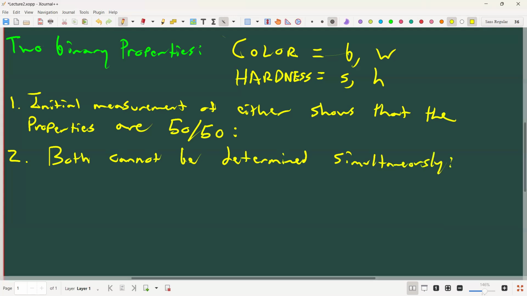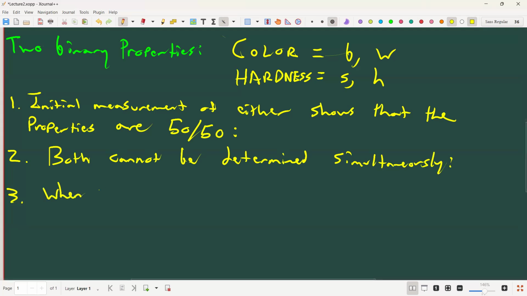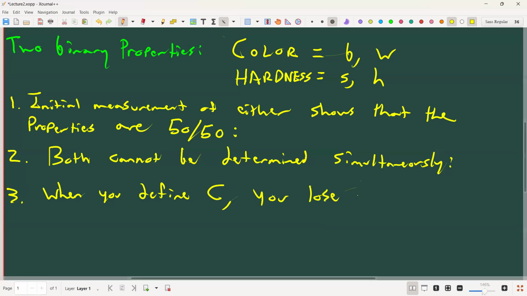And we saw that because our third observation is that when you define color or hardness, say C, you lose H, and vice versa.